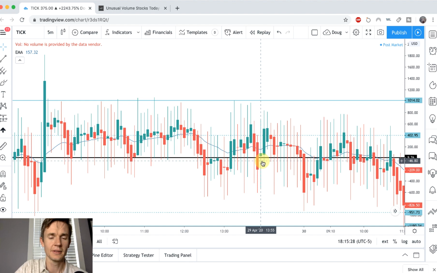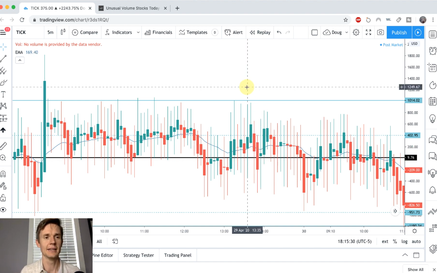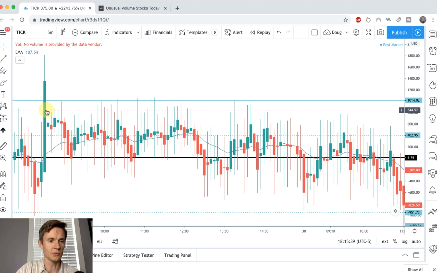So this is a tick chart, T-I-C-K. This is a 5-minute tick chart set to Heiken Ashi. And over here is Wednesday. This is when I took the trade. And what you'll see, this is the zero line.